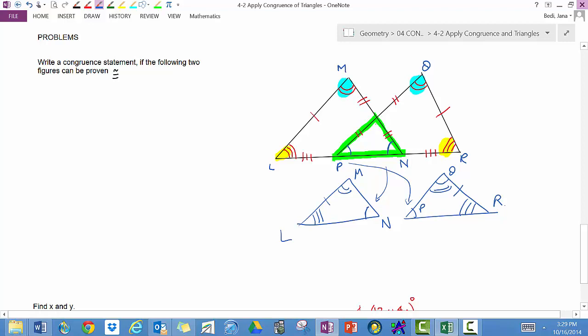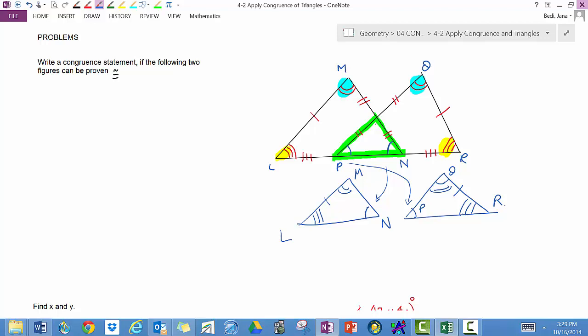If you look at MN and QP using the segment addition postulate, you could show those are congruent. And you could also show using the segment addition postulate that LN is congruent to PR.